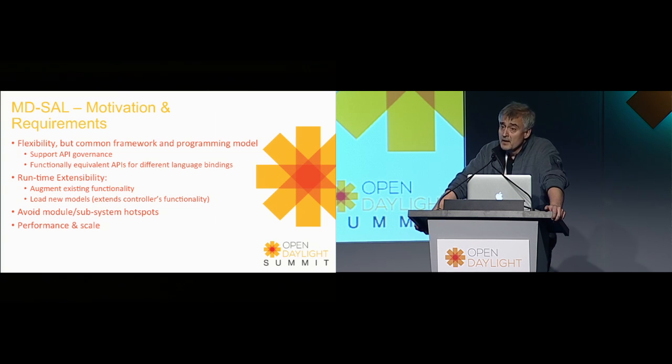And finally, performance and scale. And this also goes together really well with the common framework and programming model. The programming model and the APIs generated from the models are designed for high performance.